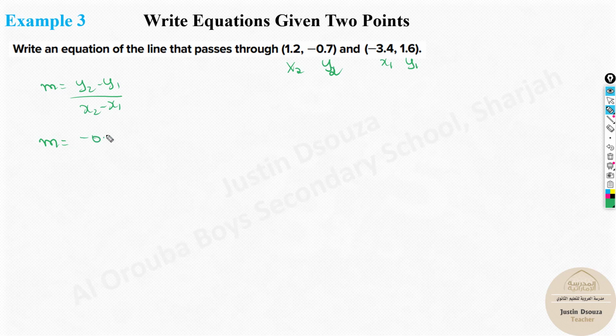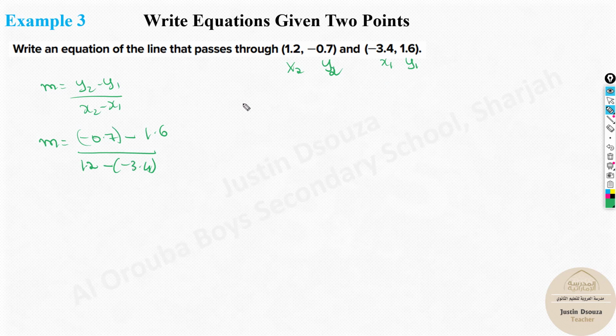It is negative 0.7 minus, what is y1? 1.6, divided by, what is x2? 1.2 minus x1, which is negative 3.4. I put the bracket because there is minus in the formula and this is also minus. Here also you can put a bracket. Whenever you see minus, put the brackets.